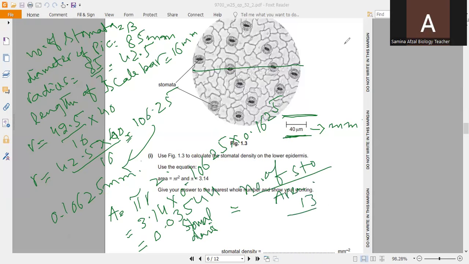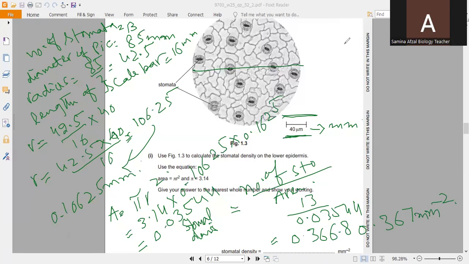So it is 13 divided by 0.03544, which is equal to 366.8, or we can write it 367 millimeter minus 2.